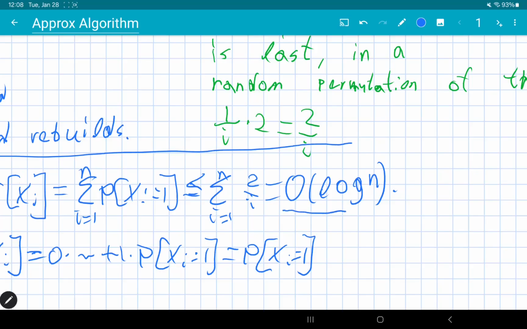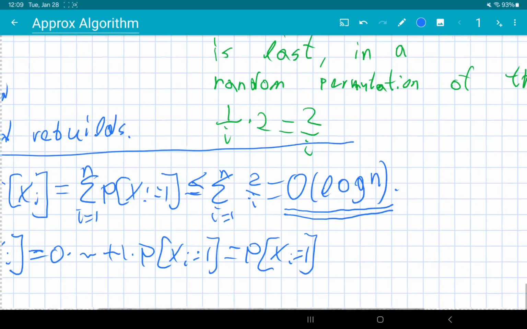So this says that in expectation, the grid is going to be rebuilt log n times. Now, by the way, let me comment that this is also true with high probability. The number of rebuilds of the grid throughout the algorithm execution is going to be O of log n, both in expectation and with high probability.